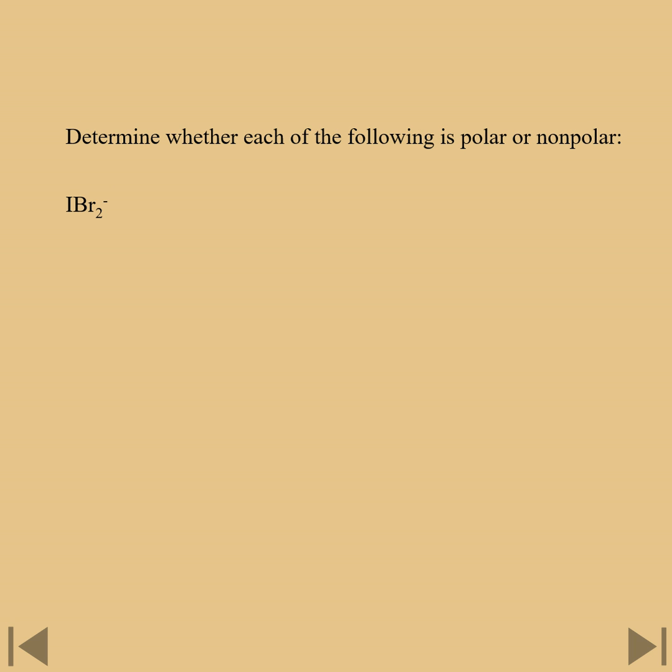Okay, determine whether each of the following is polar or non-polar. First, what is the geometry of that molecule? Well, iodine is the central element. Let's give the extra electron from the charge to the iodine.